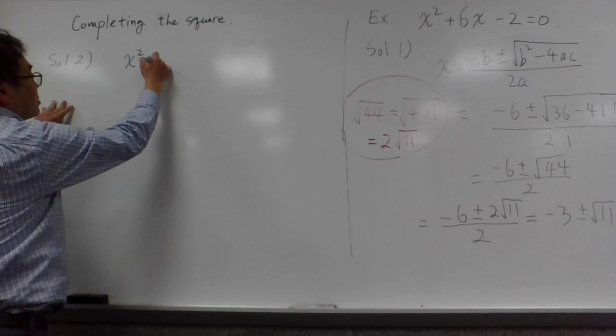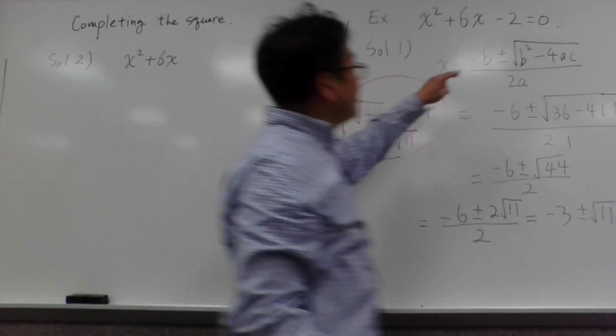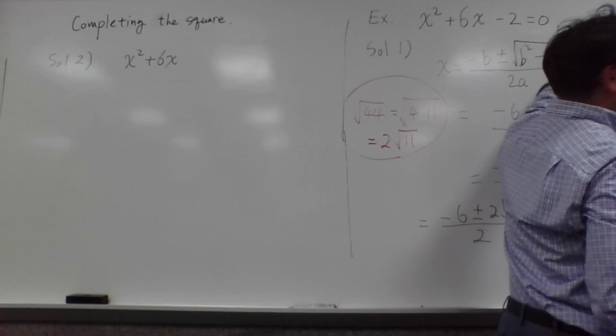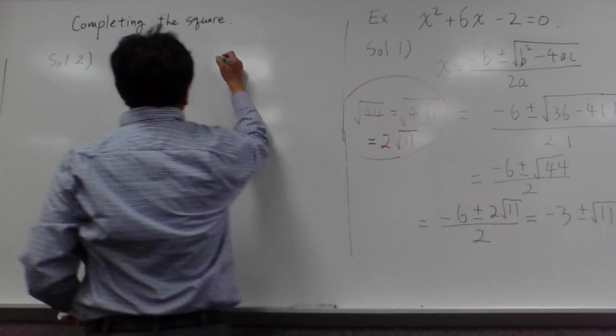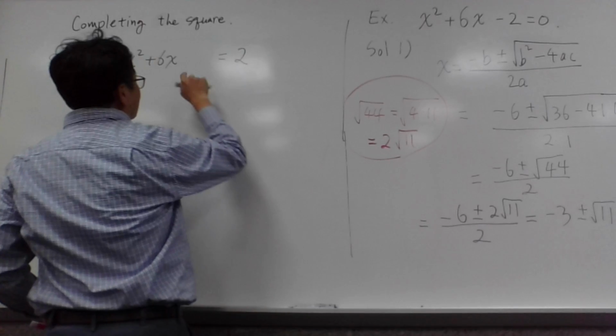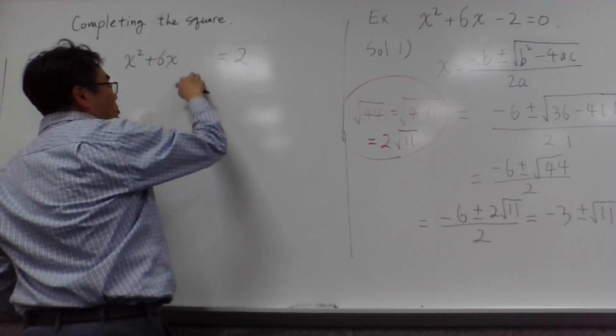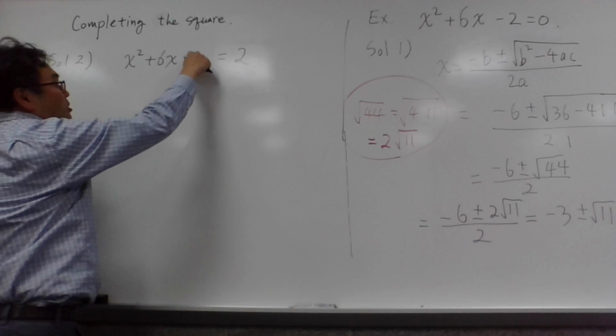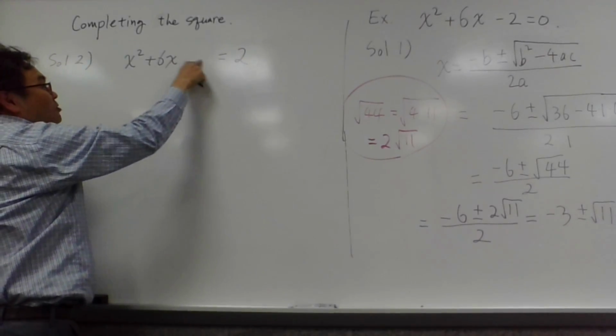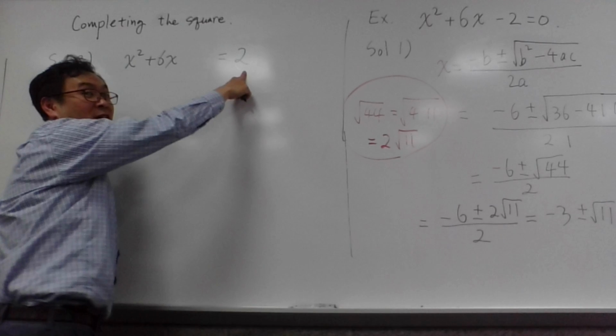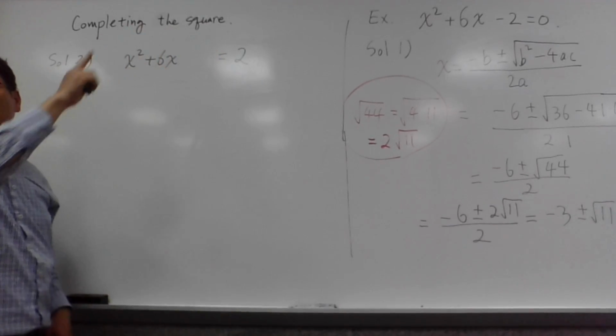You want to move this number to the other side. You write it like this, and you need a space between. So move that constant term to the other side. If this was a plus 2, then it would go to the other side as a minus 2. The sign changes, right?